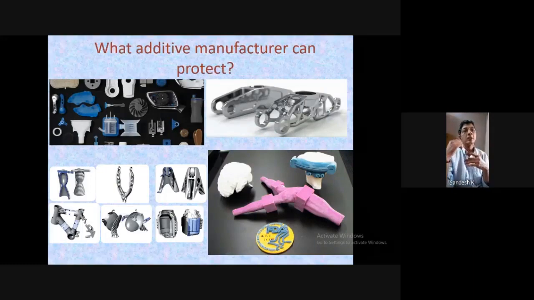Yes, this is one of the examples. I have just downloaded certain things from the internet, because you can understand what this is. The thing in pink on the right hand side is, I believe, one of the medical devices which the US FDA has gone ahead with.